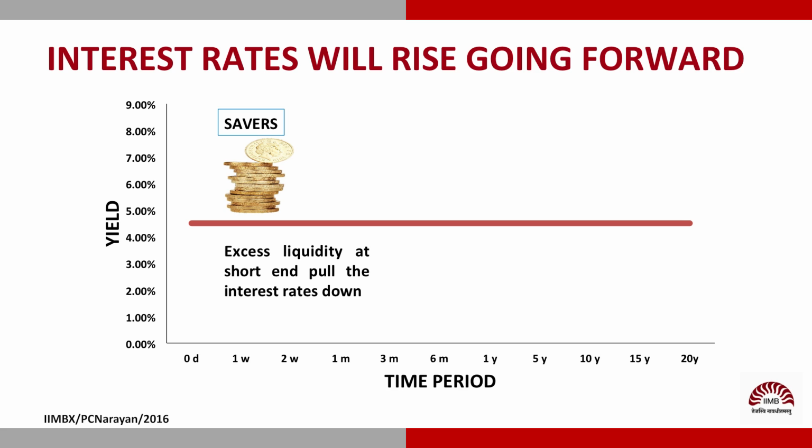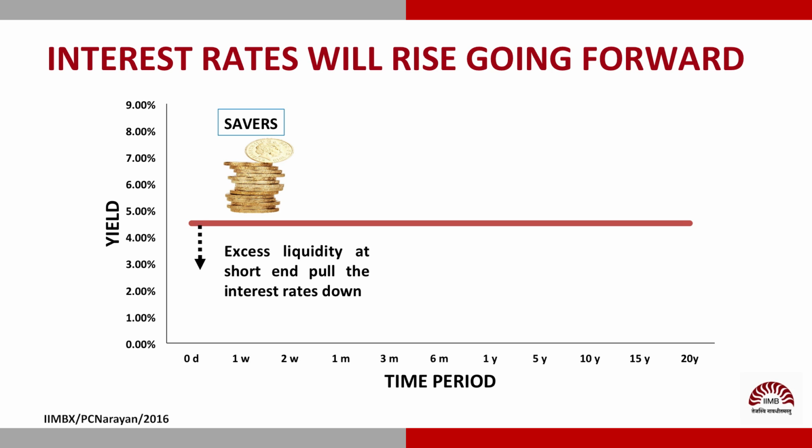In other words, a lot of money flows into the short-term market in the expectation that when interest rates rise, the savers and investors could switch their investments to the longer term. Hence, there would be excess liquidity in the short-term market, and as a result, the flat yield curve that we started with will start pivoting downwards because of excess supply of money in the short term.